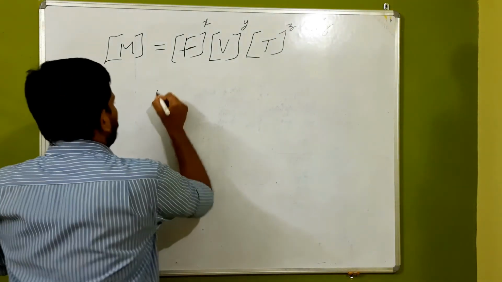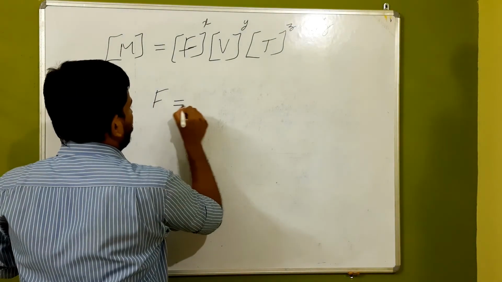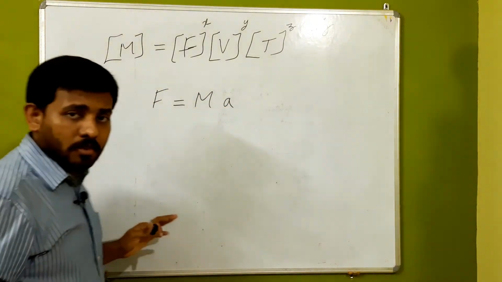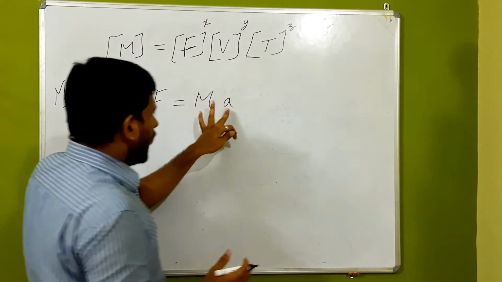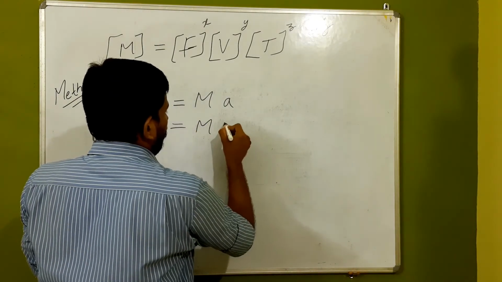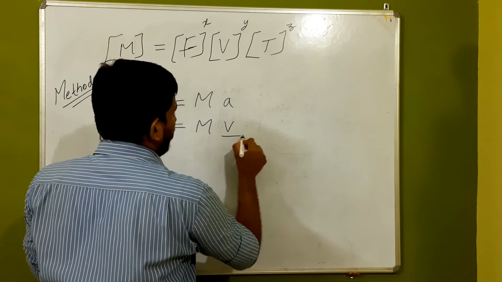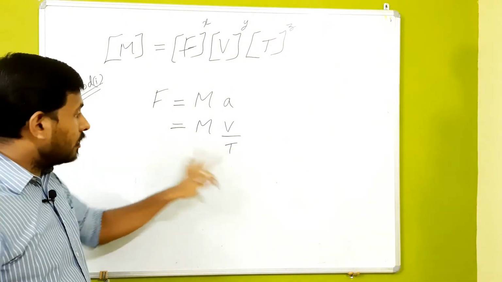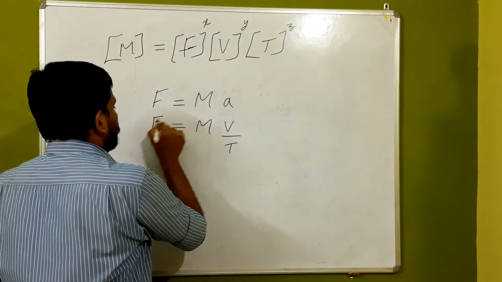We know that force is equal to mass into acceleration, right? And this acceleration can be written as velocity divided by time. Understood? So here is force.